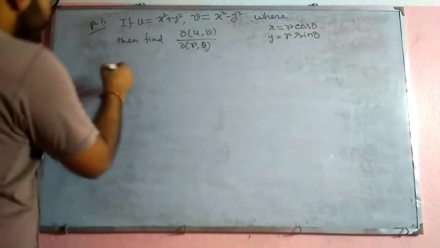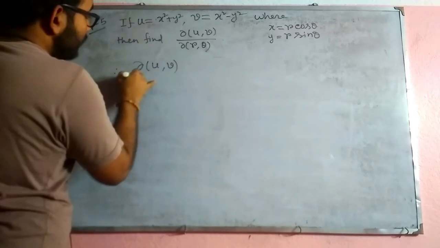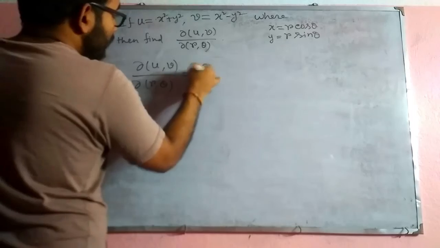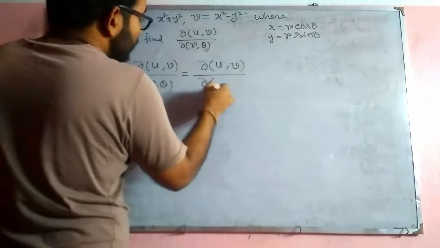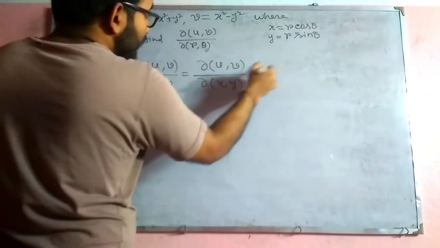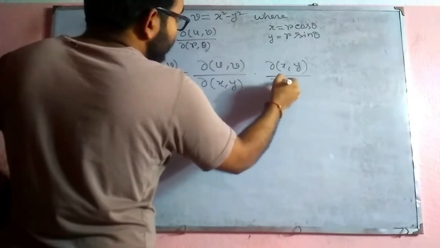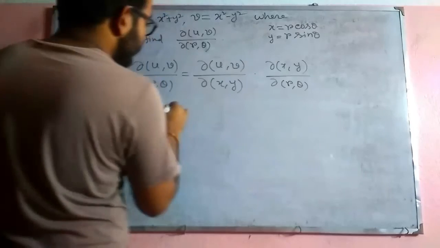So del of u v by del of r theta is equal to del of u v by del of x y into del of x y by del of r theta.